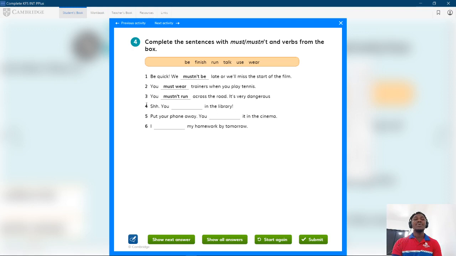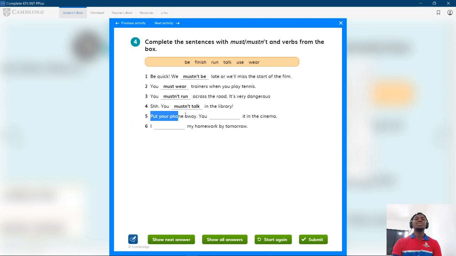Question four: Shh. You are in a library. So in a library, what is prohibited? You're prohibited to speak. So you mustn't talk in the library. Don't talk in the library.